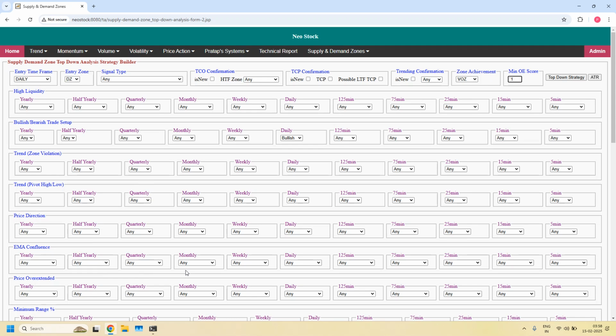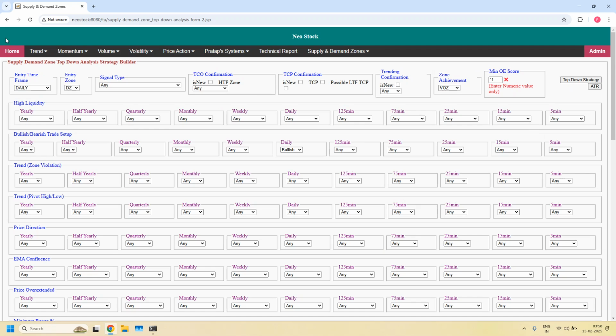Pierced zone we are not filtering for daily time frame, because if anybody wants to use pierced zone strategies, at least you get them. But below daily time frames, we don't use pierced zone strategies. Minimum odd enhancer score should be 12.